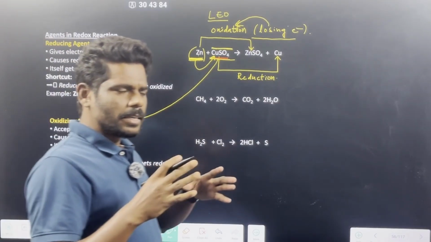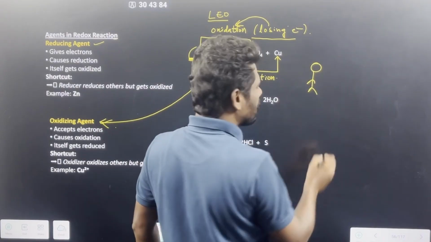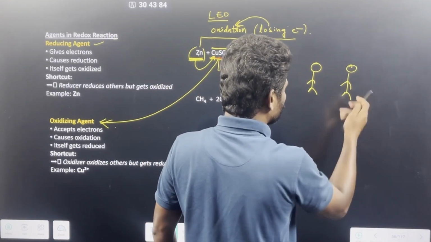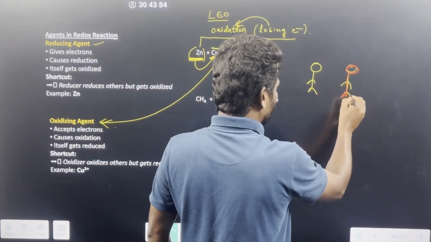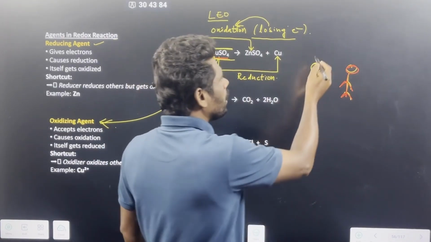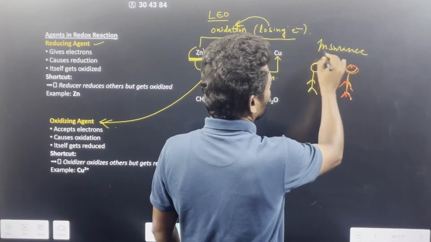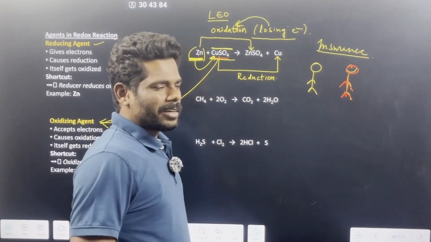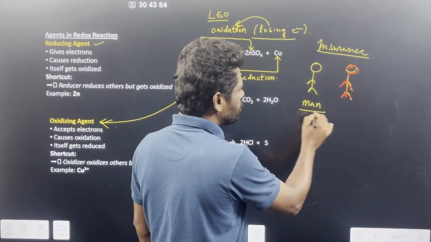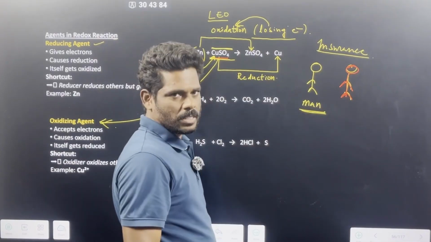We can compare this in a simple way. Suppose here is a person, and one more person is here. We use this language especially in insurance policies. Just recollect that knowledge. Suppose this is the man who is taking the policy, an insurance policy.